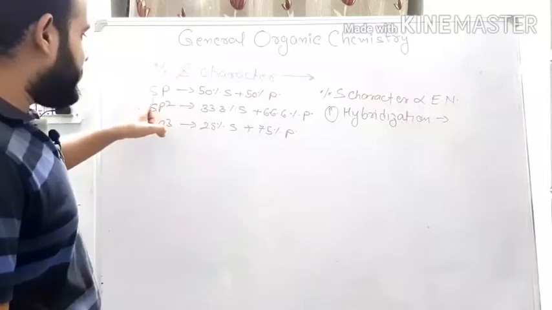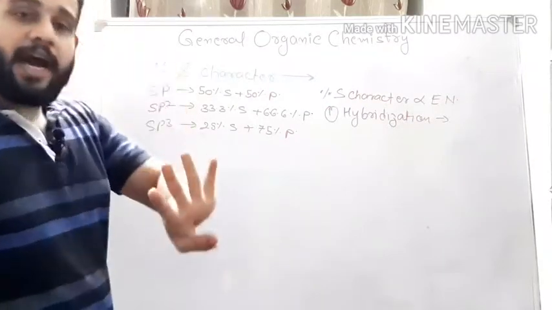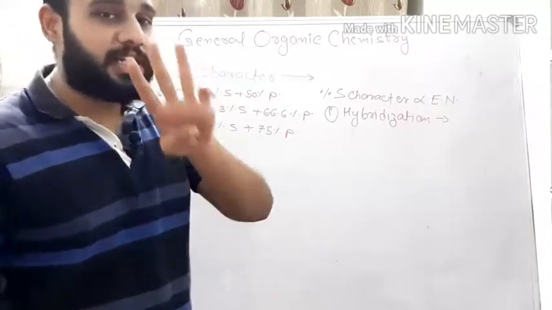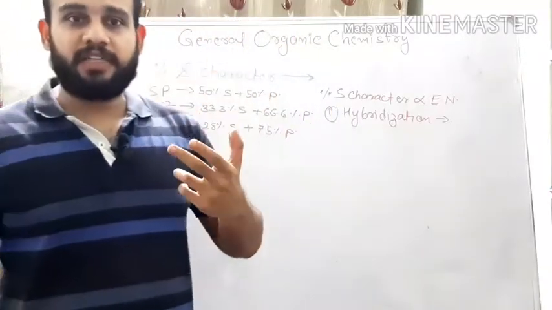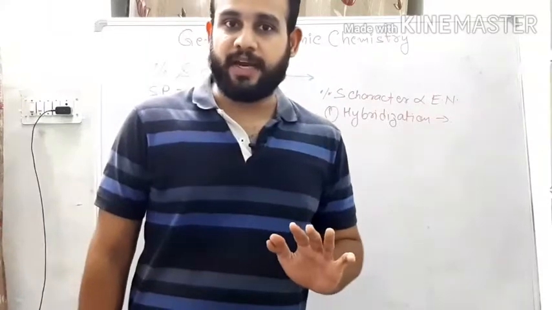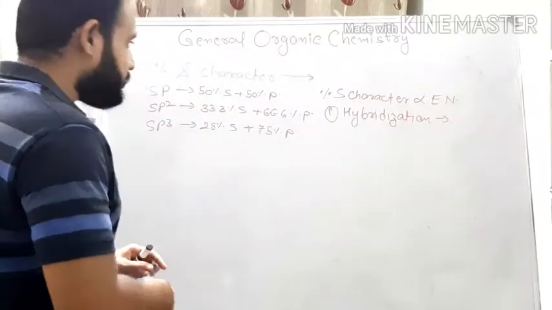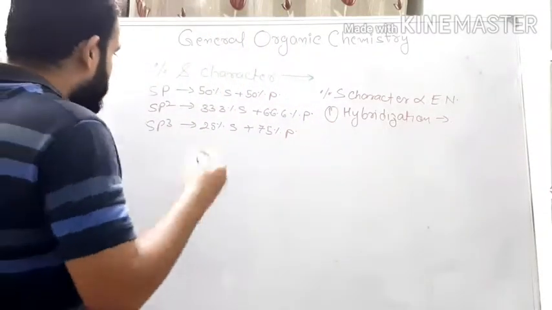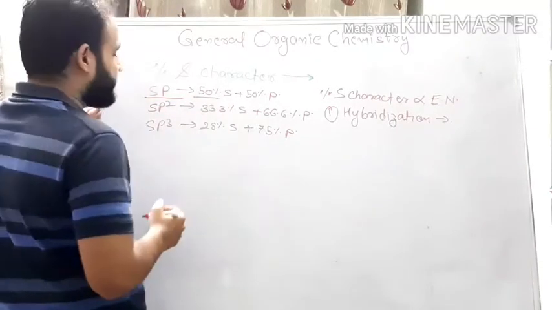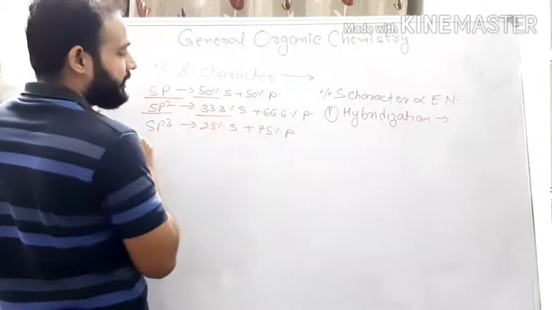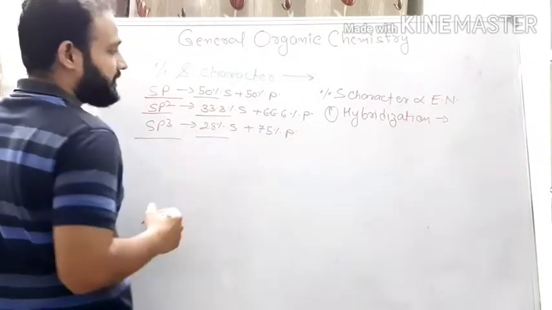In carbon you can generally see 3 types of hybridization: the first is sp, the second is sp2, and the third is sp3. In sp hybridization 50% s character is present, in sp2 33.3%, and in sp3 25% s character.